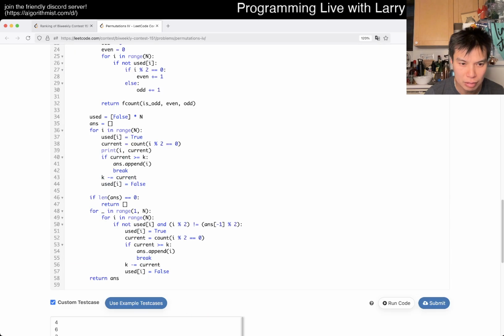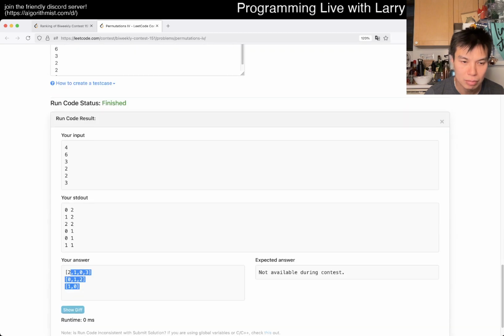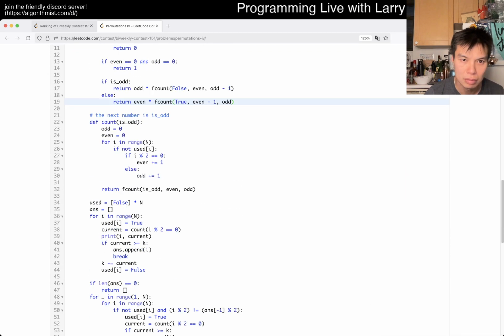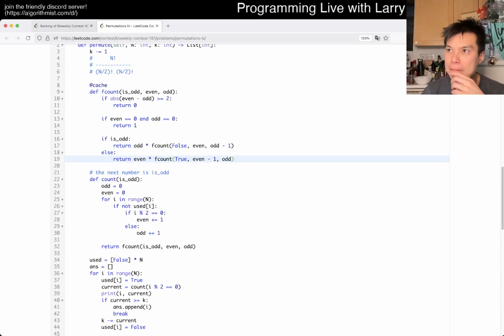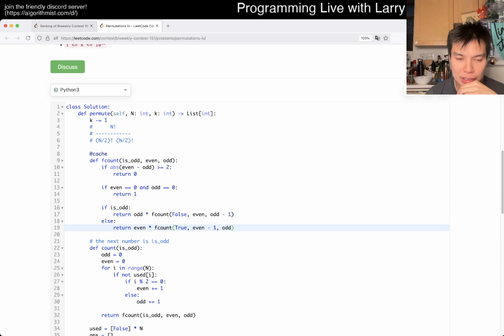What's the answer? I mean, it's wrong, but there's a weird impossible case that I'm not handling here. I was feeling a bit off on this one, but that's fine.